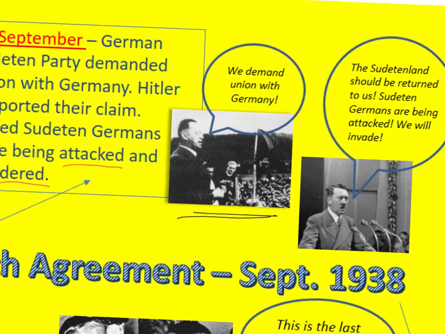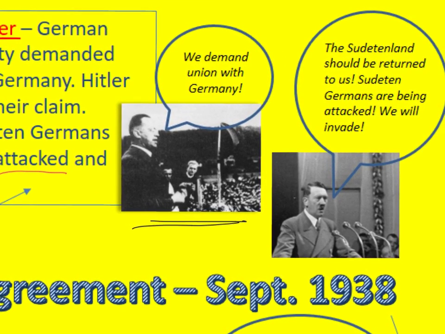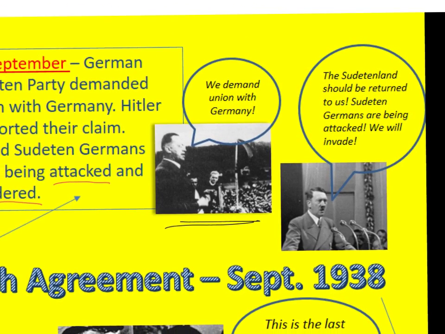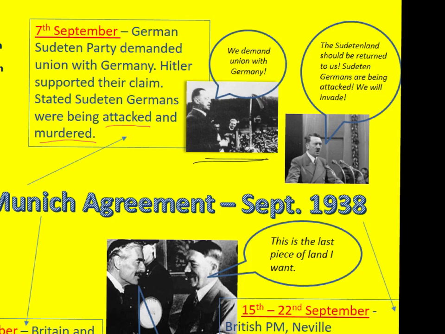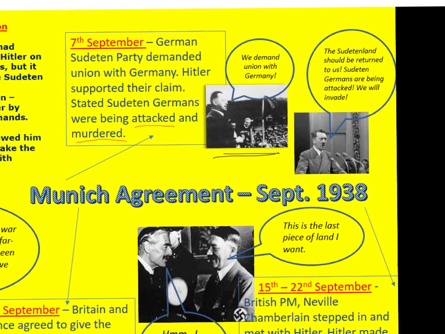And as in this picture here of Hitler speaking, he said the kind of rhetoric that is displayed here: the Sudetenland should be returned to us, Sudeten Germans are being attacked. And Hitler got to the point where he was threatening to invade and therefore cause a war. He was threatening to just go in there and take the Sudetenland back for himself.